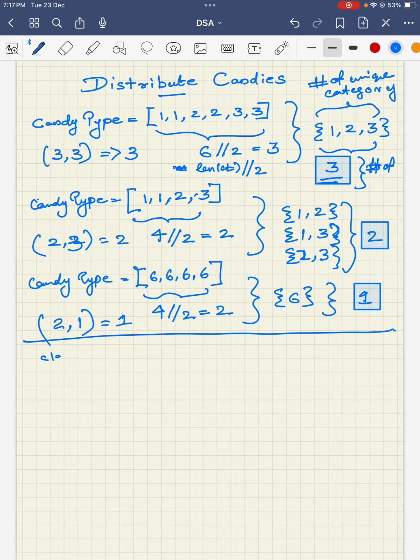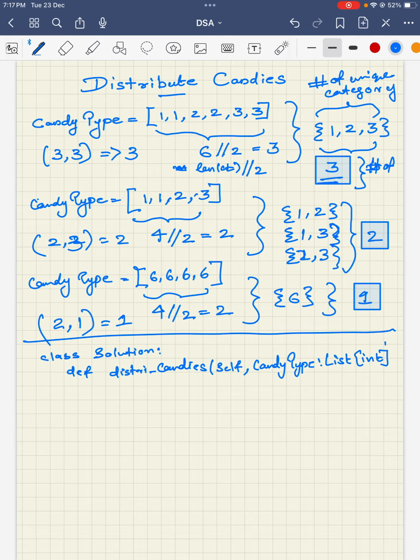So this is the class Solution, and we define the method distributeCandies. One list is given, that is candy type, which is a list of integers. We need to return another integer.